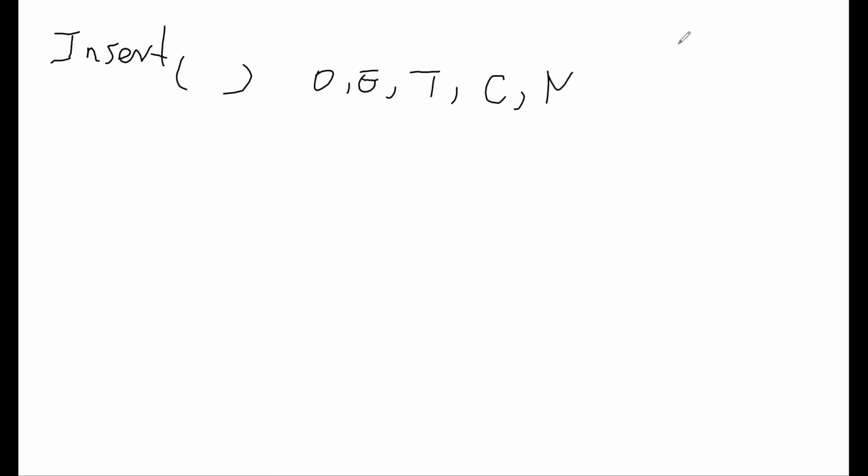Next is about insert. Basically, it's how we build a tree. This time we have a sequence of characters. Suppose I have O, E, T, C, M, P, Z, U. I have this sequence of items, so I'm going to build the tree.